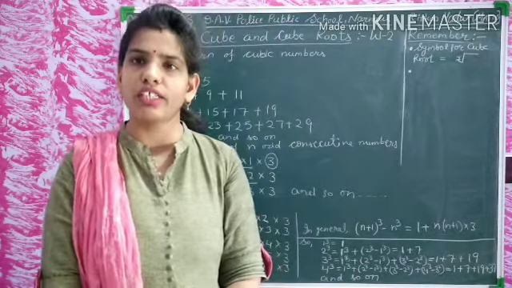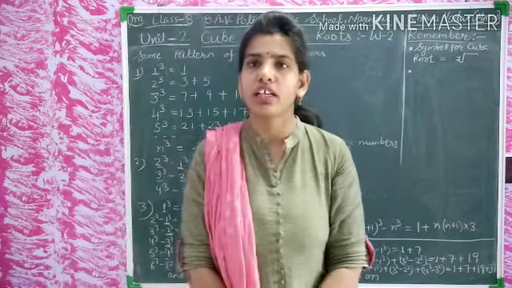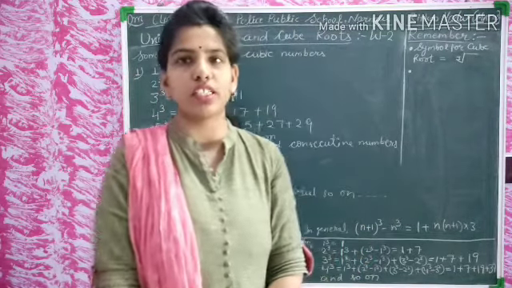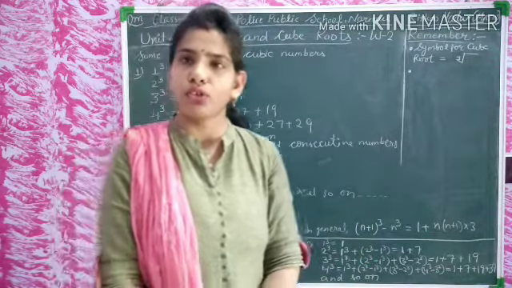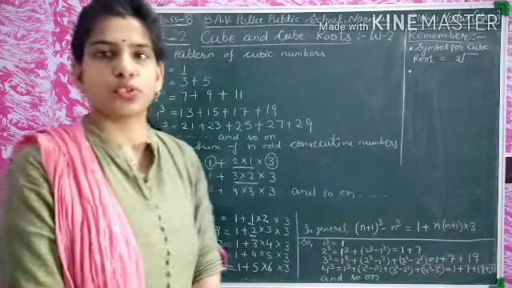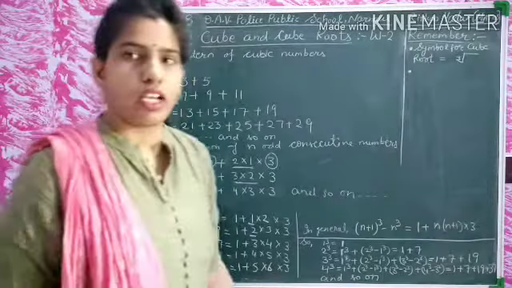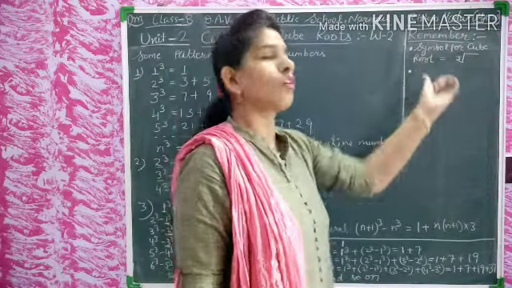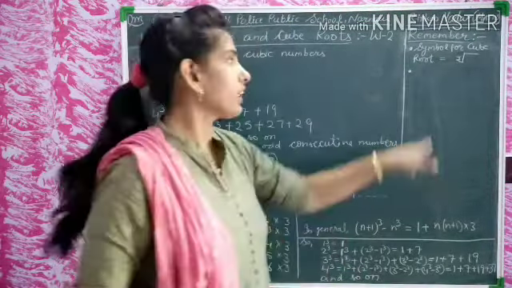How do you find the cube of any number? There are simple tricks, some patterns, and you can easily find the cubes of any numbers. And one more thing, the symbol of cube root is like this.